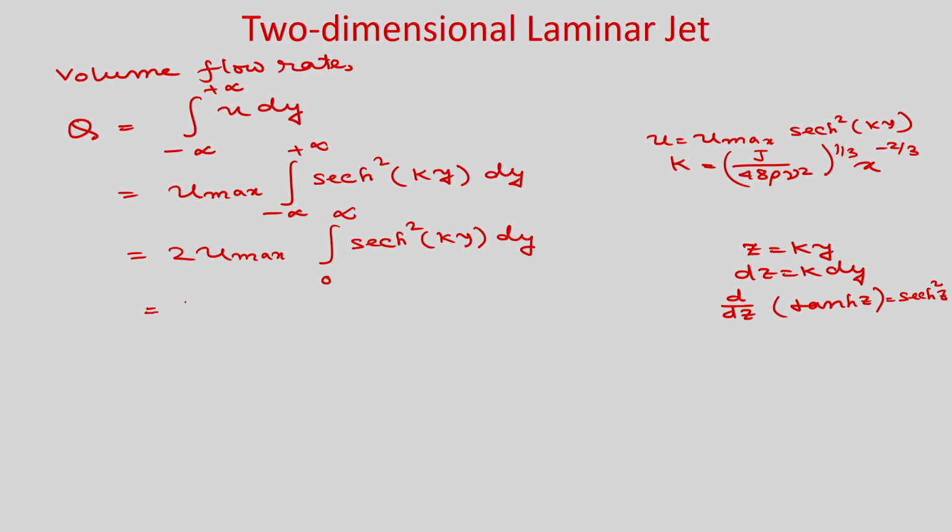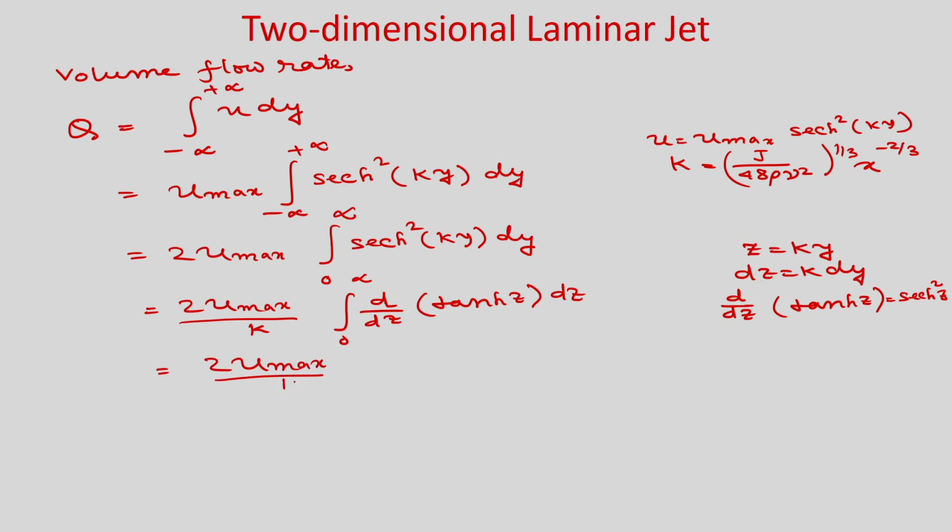So, this we can now write as twice u max divided by k, integral 0 to infinity of d by dz of tanh z dz. Since dz is equal to k dy, we have divided by k here, and we can write twice u max by k tanh z from 0 to infinity.